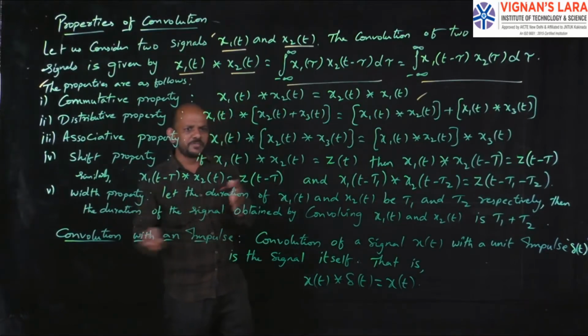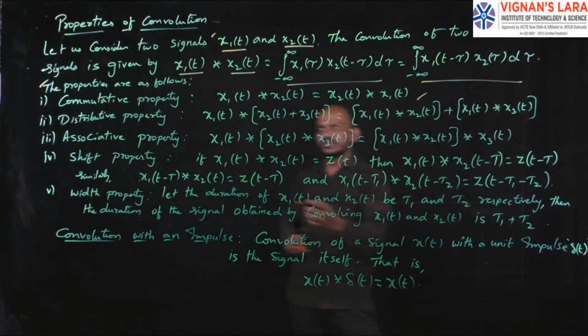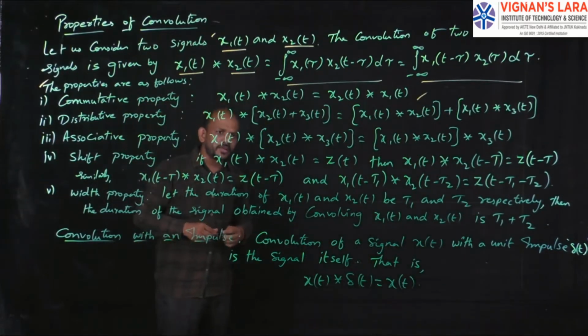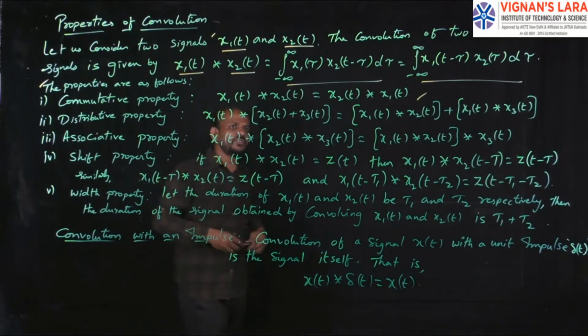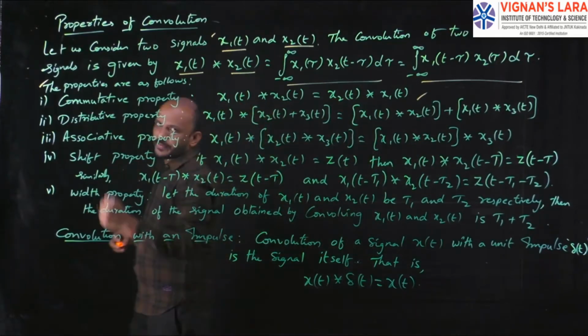Simply, a plus b equals b plus a, or a into b equals b into a. So convolution satisfies the commutative property.